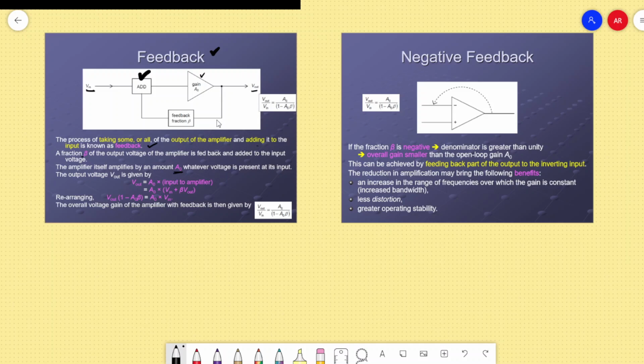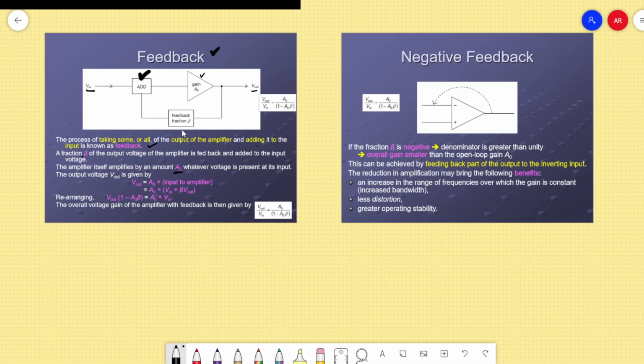As we have already seen, the operational amplifier has the open loop voltage gain denoted as A naught, and this A naught is the amplification, which is the gain of the amplifier itself.